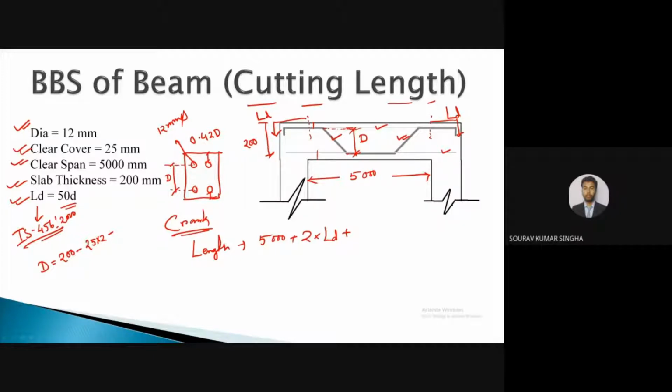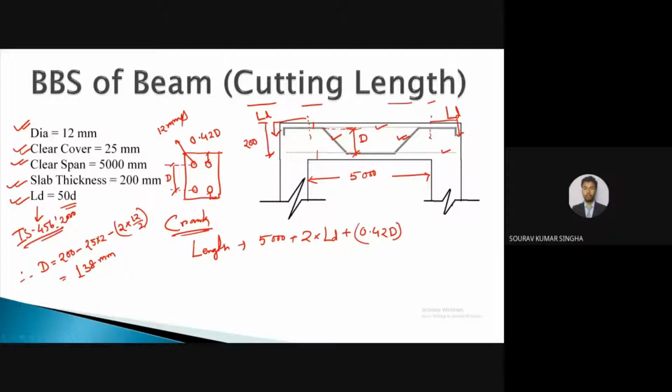Now the diameter of the bar is 12, so definitely we need to deduct half dia over here and half dia over here. That means 2 into 12 by 2. In this way the value that we get, most probably, is 138 mm. You can also calculate this. So this is the D value. So you can determine the value of D. The extra length for this crank portion is given by 0.42 D.